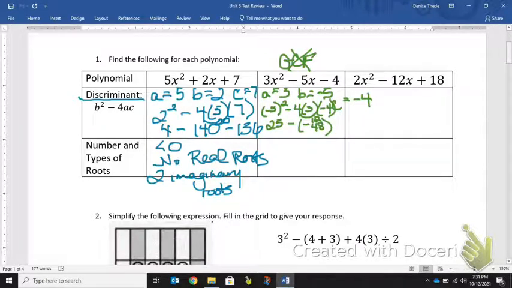We can't have a double negative. I can't subtract a negative, so I add the opposite. 25 plus a positive 48 is going to be 73. 73 is greater than 0, so I have 2 real roots.